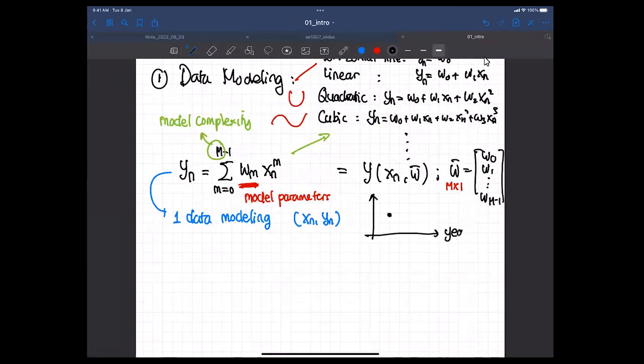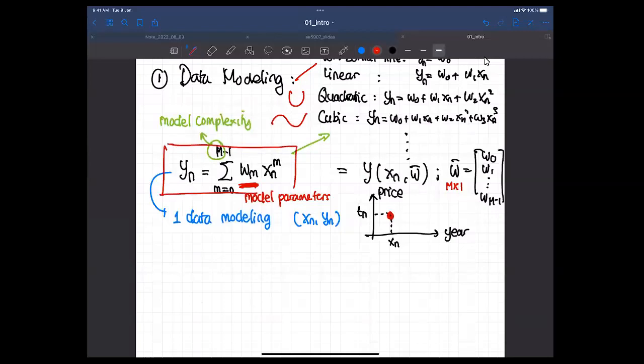This is the year, this is the price, and that dot is xn, and that one is yn, because x and y are absolutely opposite. That's how you model this one data here. So that's why I think it's important. Any question for one data modeling?